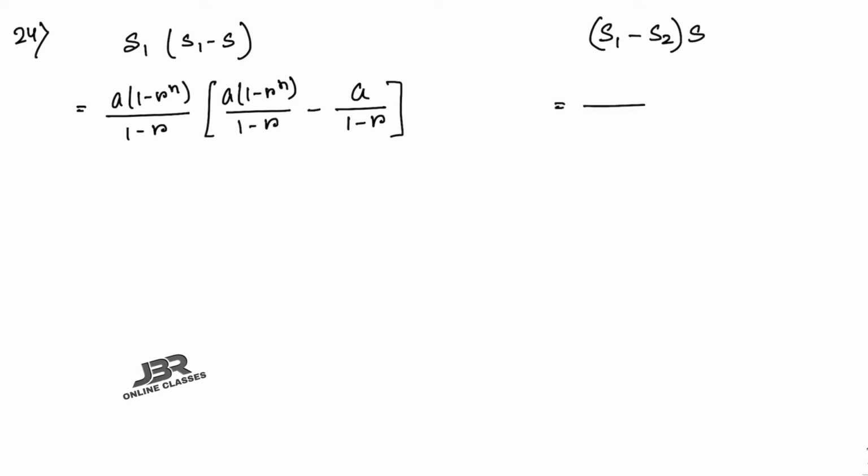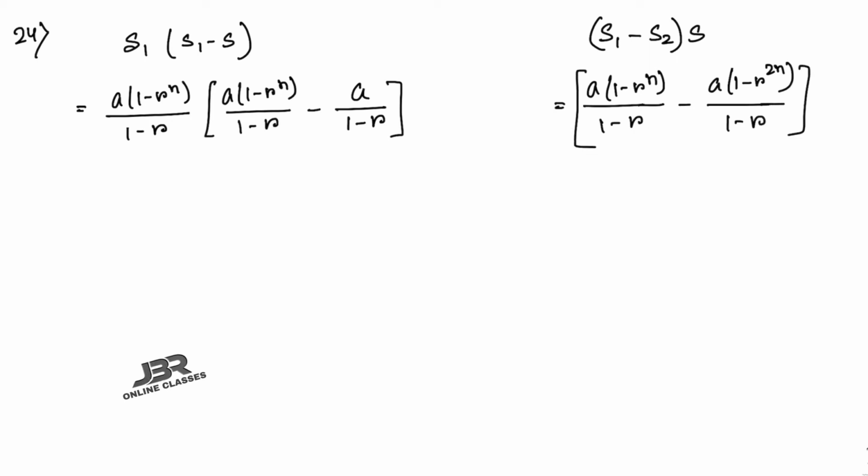So here S1 equals a into 1 minus r to the power n over 1 minus r. Next, S2 denotes the sum of 2n terms, so it is a into 1 minus r to the power 2n over 1 minus r. And again S is a by 1 minus r.